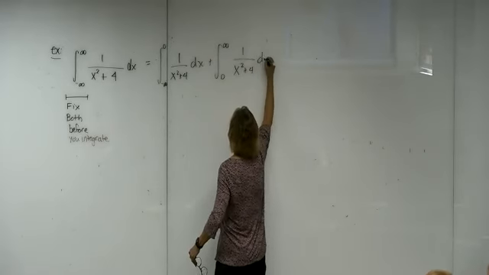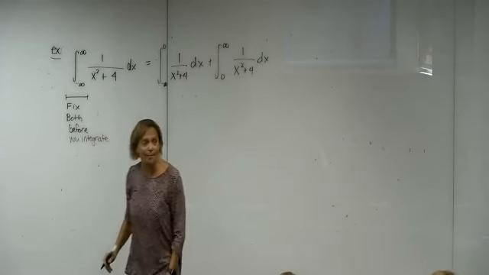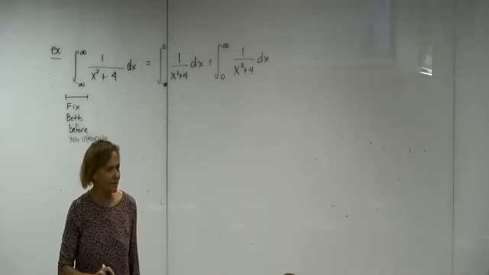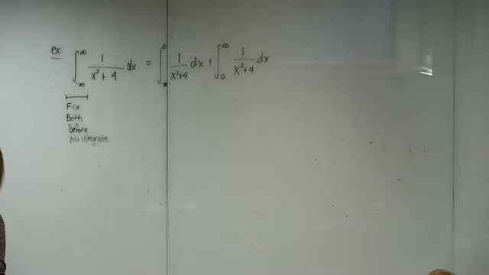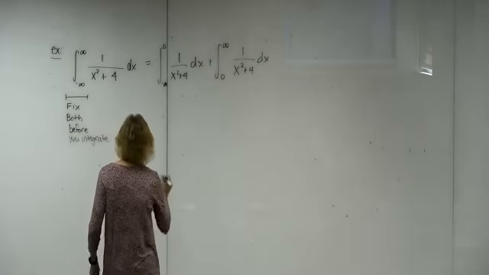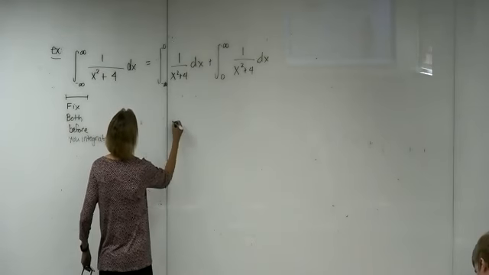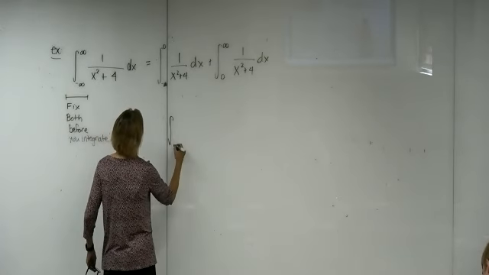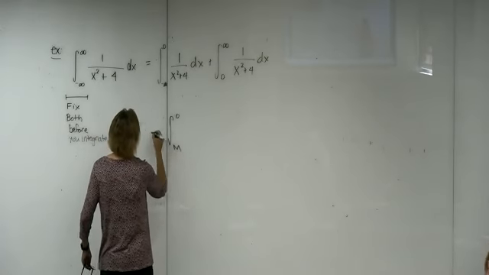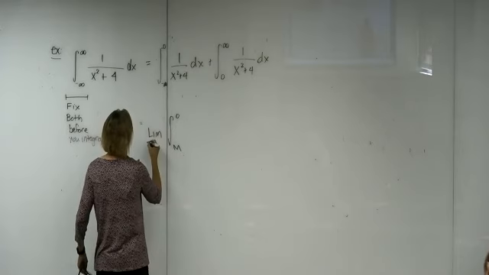So we made one improper integral into two improper integrals. It's buy one, get one free. But now we fix both of these improper integrals. I'm gonna write this using different letters. Let's put an M down here, and I'm gonna let M go to minus infinity.